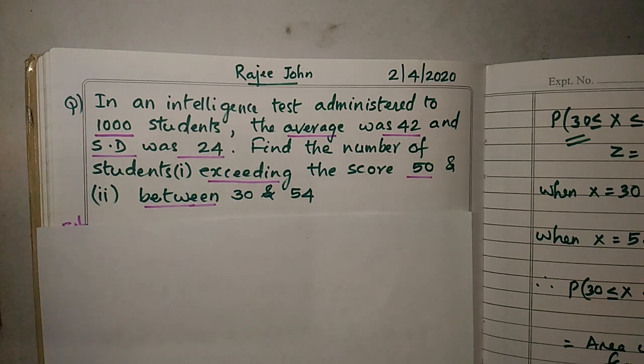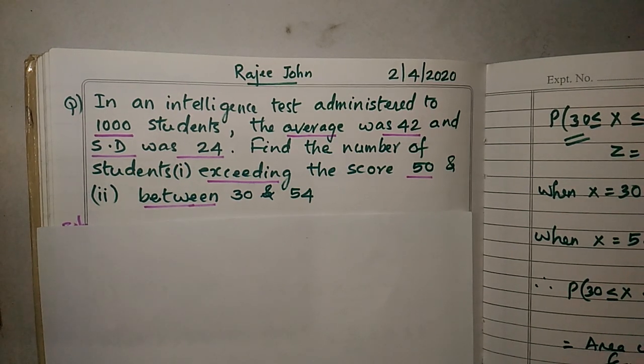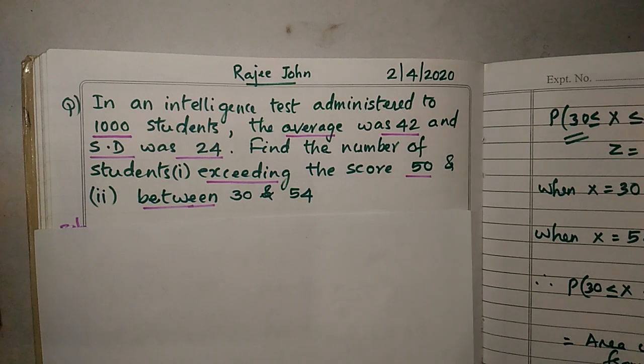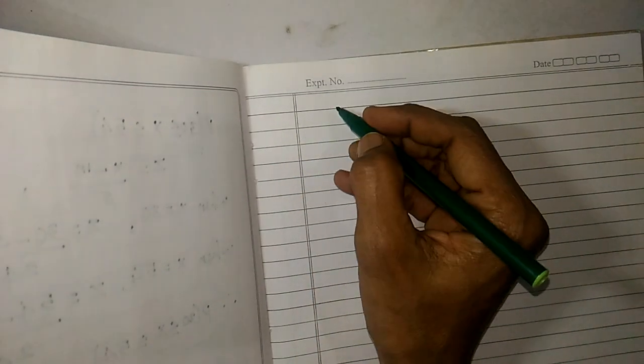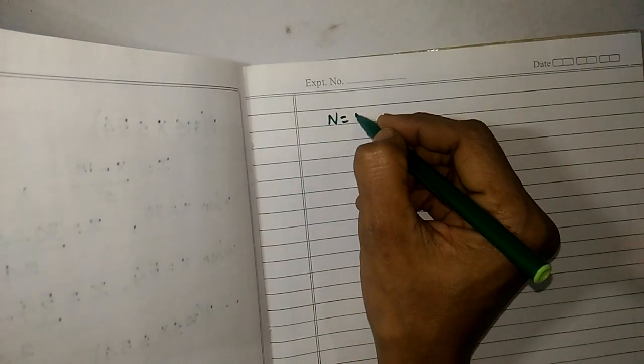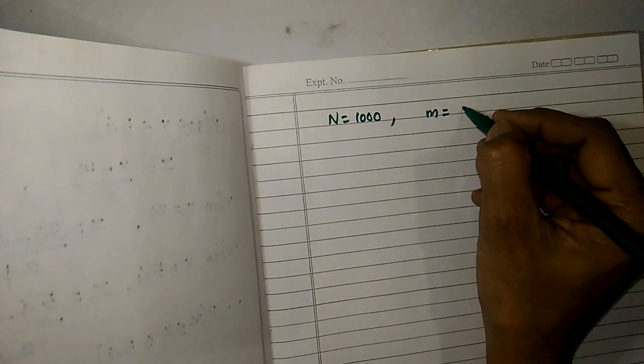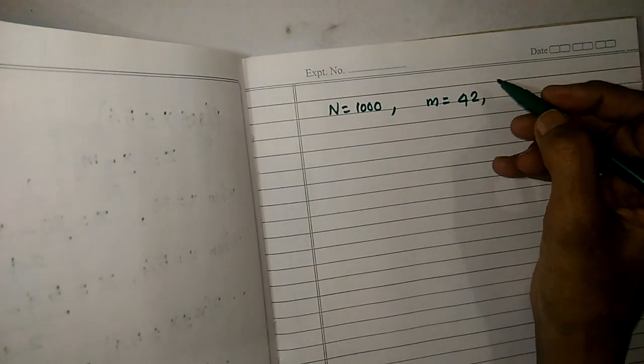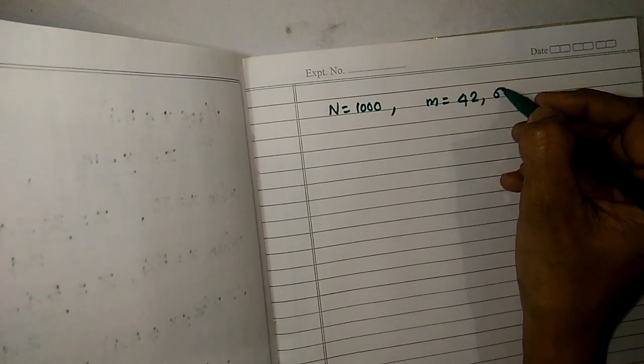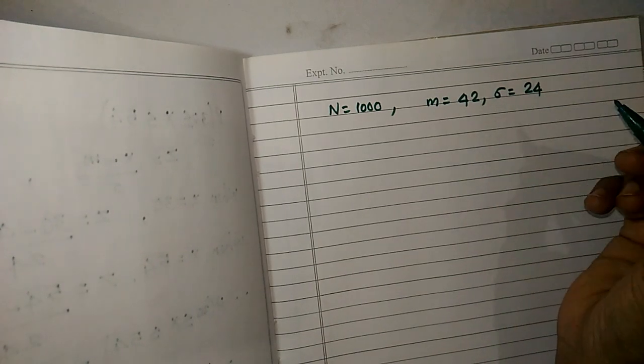So to solve this question, let's analyze this once again. As per the question, n is given as 1000, m is given as 42 and sigma is 24.